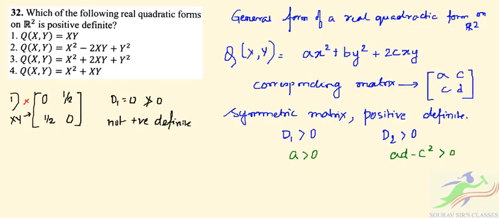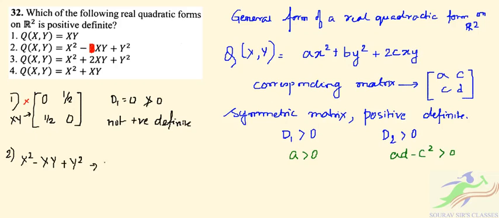Let's check option 2. X square minus xy plus y square. There is a printing error in the option.